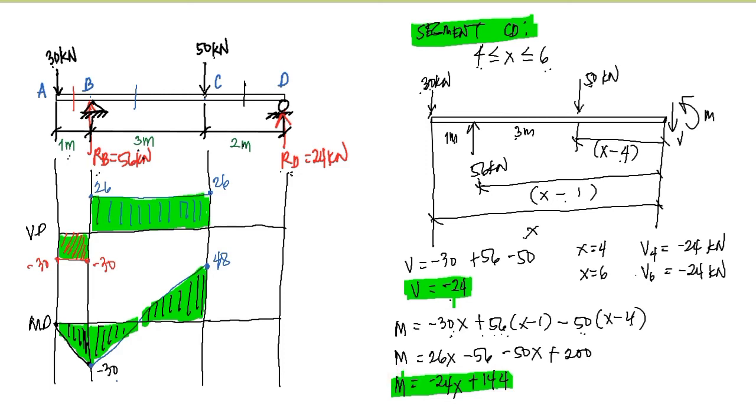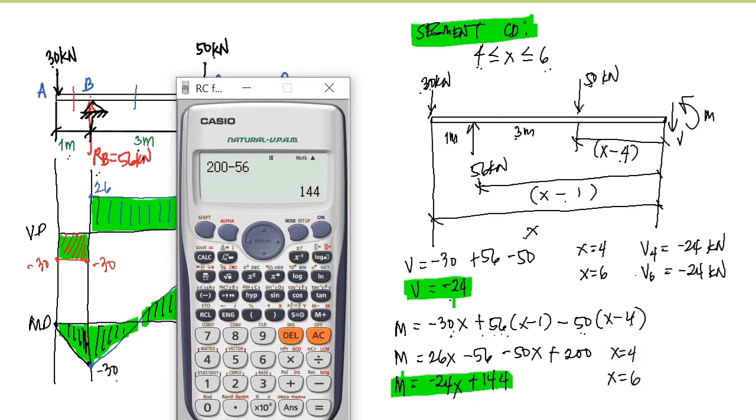And if we are going to compute for the moment at x is equal to 4 and at x is equal to 6, what we are going to do is to substitute the value of 4 and 6 to our moment equation, negative 24x plus 144.